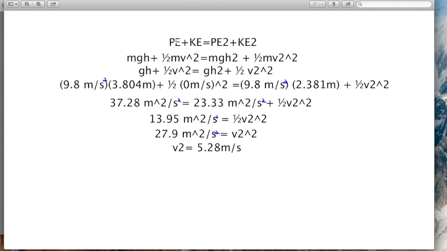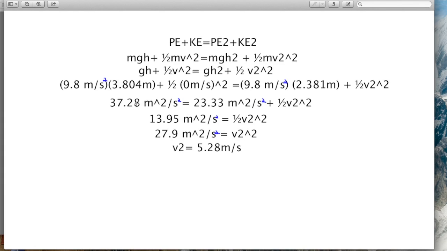So I just rewrote the equation PE plus KE equals PE2 plus KE2, and then I rewrote the formula with its units, canceled out the masses, and substituted in the values, so it's 9.8 meters per second squared times 3.804 meters plus 1/2 times 0 meters per second squared equals 9.8 meters per second squared times 2.381 meters plus 1/2 v2 squared.